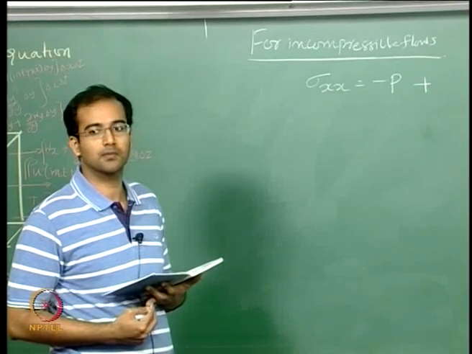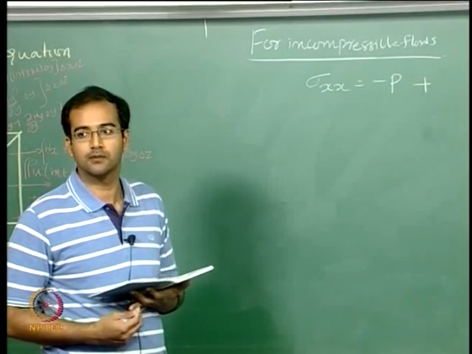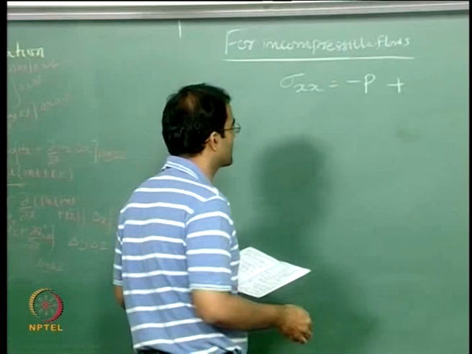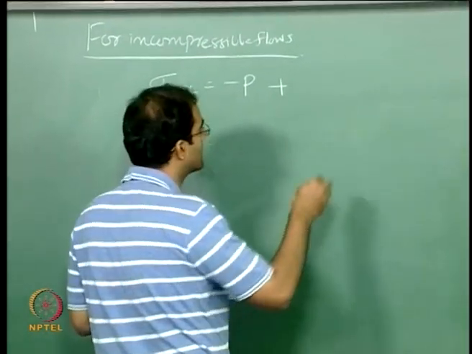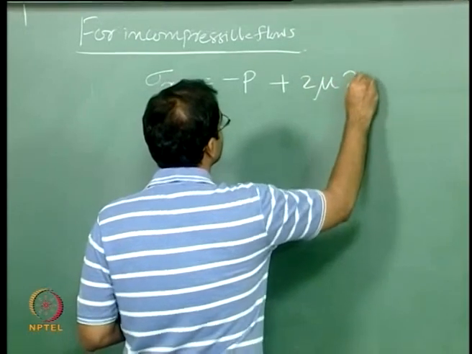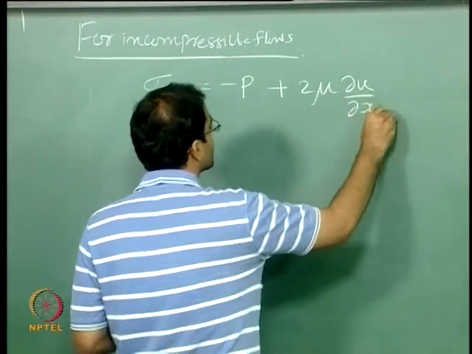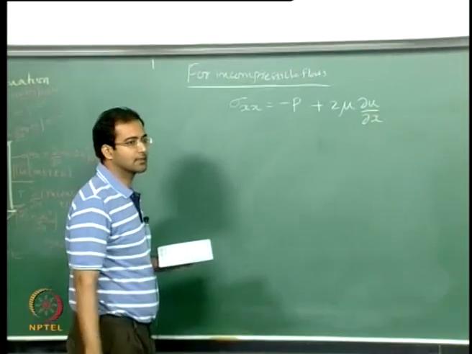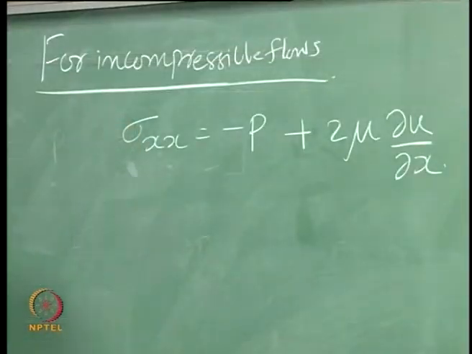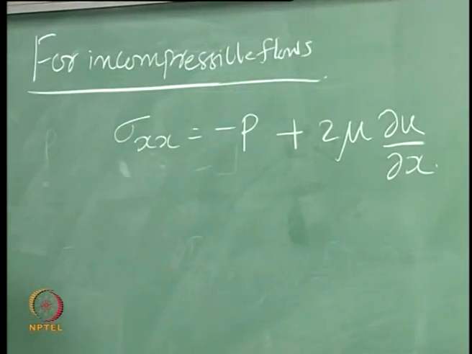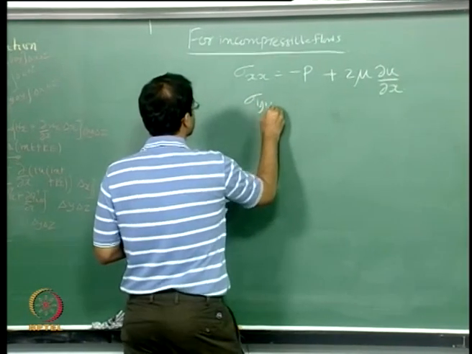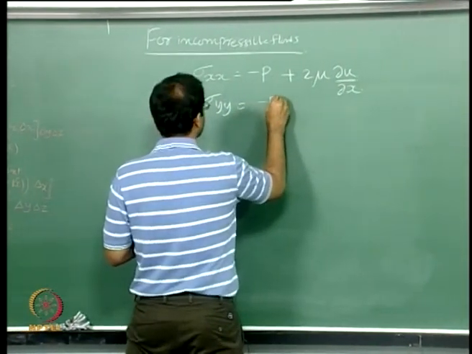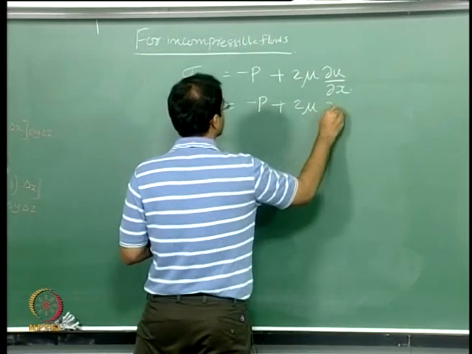Now for incompressible flows that is going to be 0, right? So that term can be neglected. What is the other term? Plus 2 nu du dx, right? So that's why I am bringing in the approximation that divergence of u can be eliminated straight away. So one term is actually simplified. I can write this in the other directions.